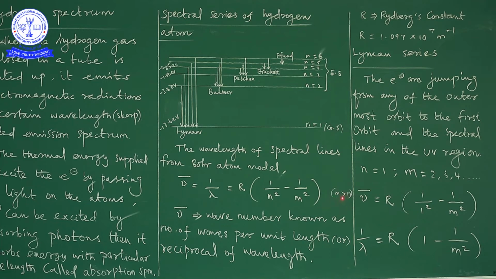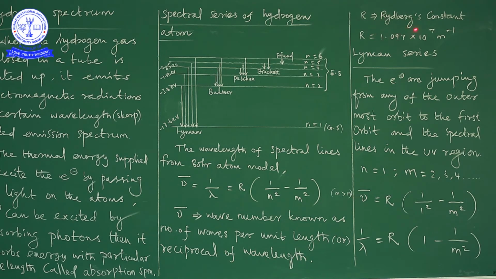Here the condition is that m is greater than n. While comparing, the value of n is always lesser than that of m, or we can say m is always greater than n. So we conclude that the wave number is the number of waves present in 1 meter length, or the number of waves per unit length. It is also defined as the reciprocal of wavelength.